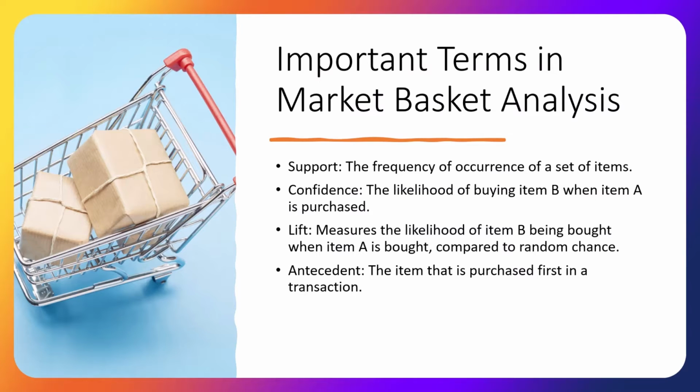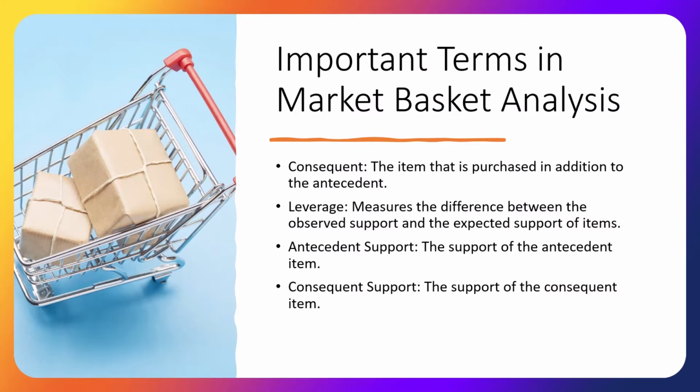And then the first item you purchase, in this example it is candle, is my antecedent. The first item of purchase is known as antecedent, and the item purchased after the antecedent is known as consequent. Consequent is the item that is purchased in addition to the antecedent.